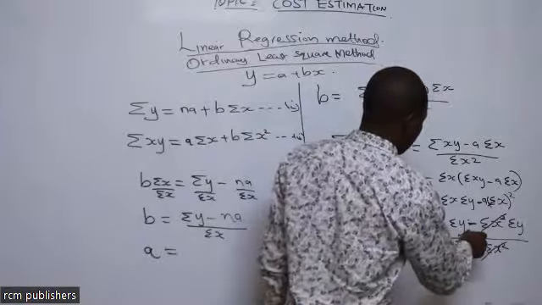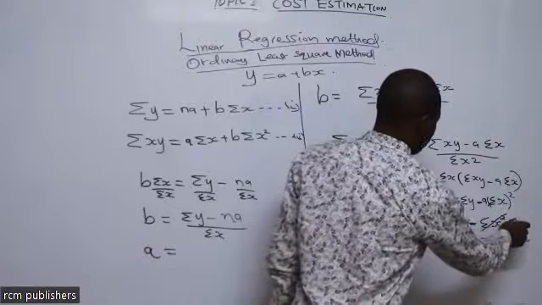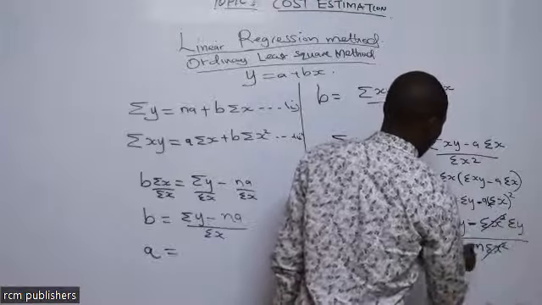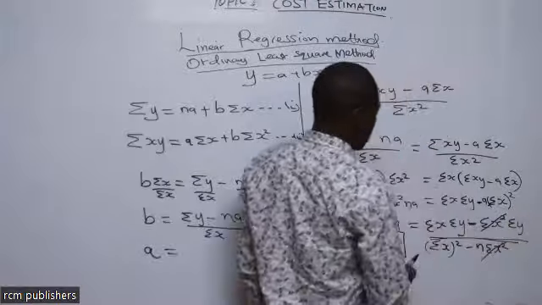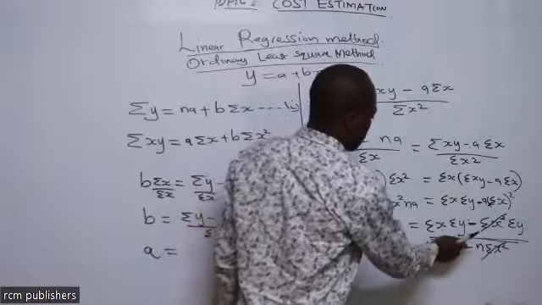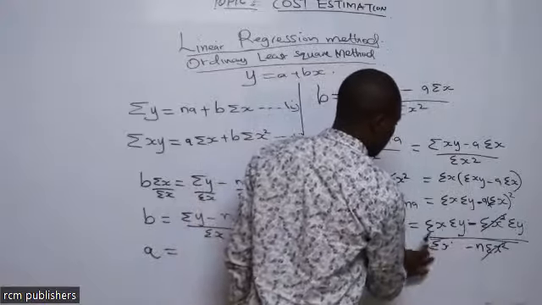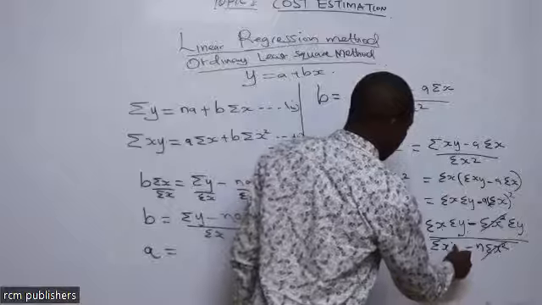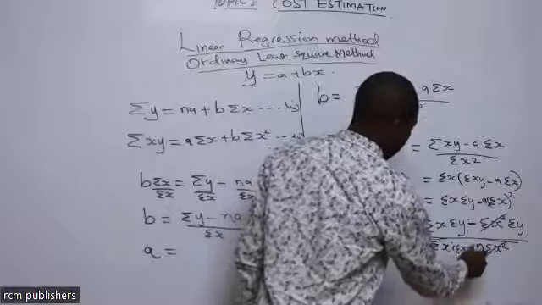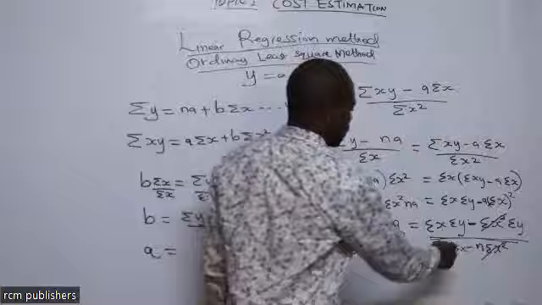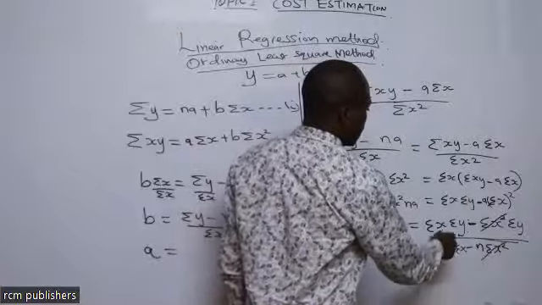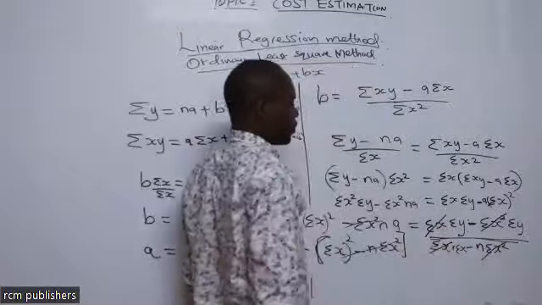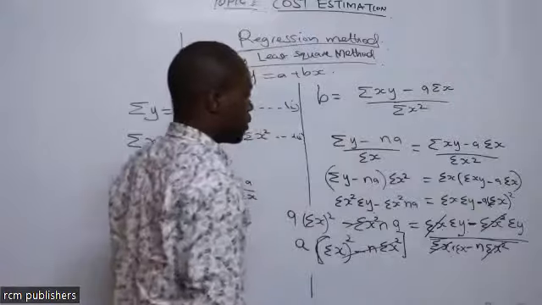And then we have summation of x, summation of y, minus summation of y. Then we divide by summation of x squared. What is this? It is summation of x and then summation of x. So this one here eliminates this. So what are we remaining with?